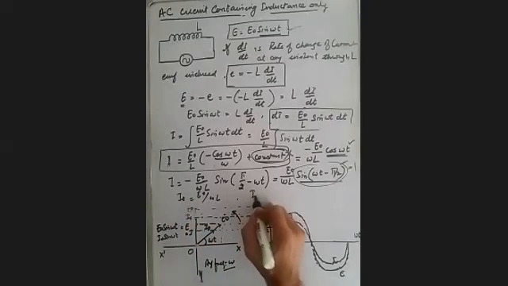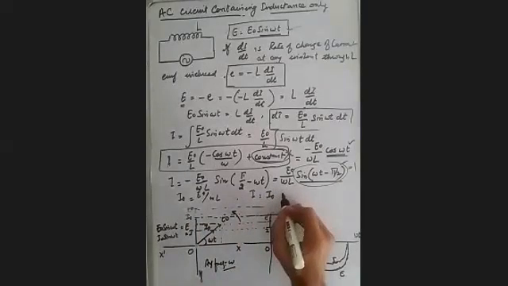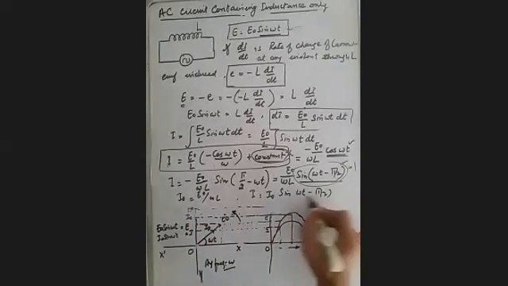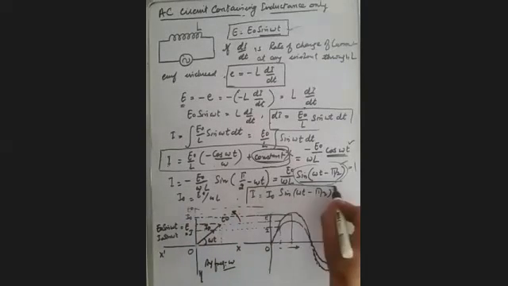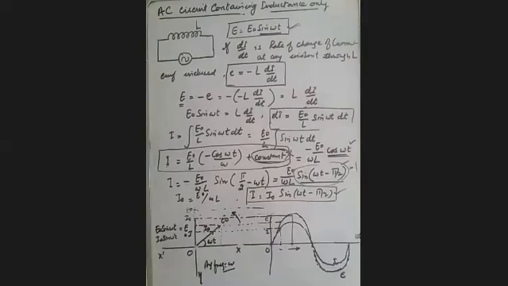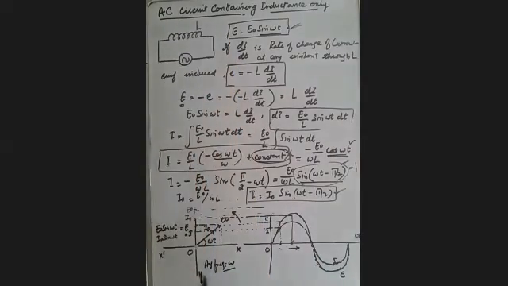So I can write down I is equal to I naught sine omega t minus pi by 2. So this is how the current is changing in the circuit, and this is how the EMF is applied to the circuit containing an inductor.